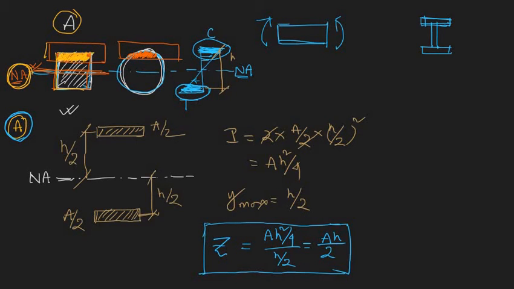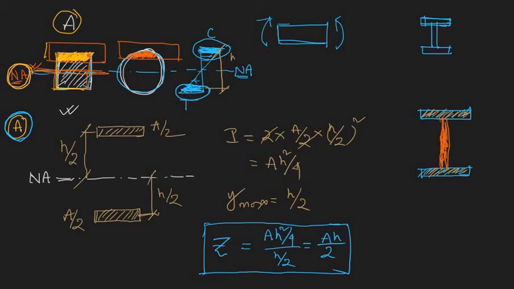Practically, you cannot make any section like this one. You just have this part and this part, so how can you hold them together? You have to put at least some material in between these two flanges. We are using the technical term flanges. These two flanges need to be connected by some material, and this material is known as web material.